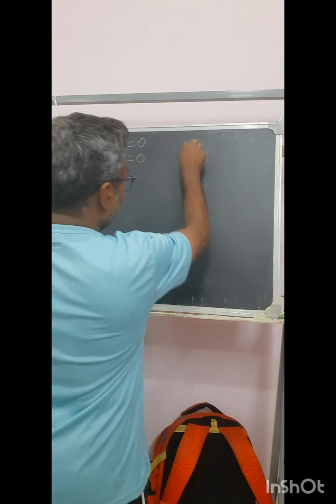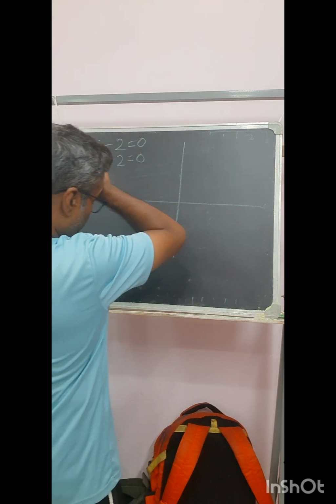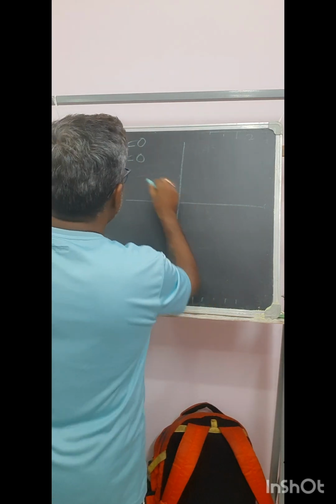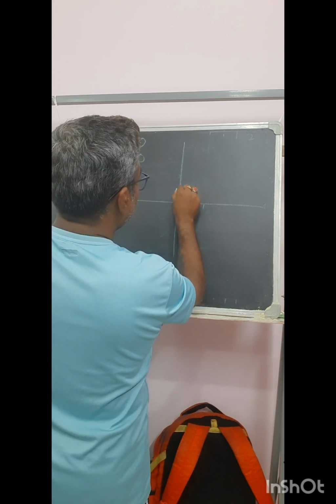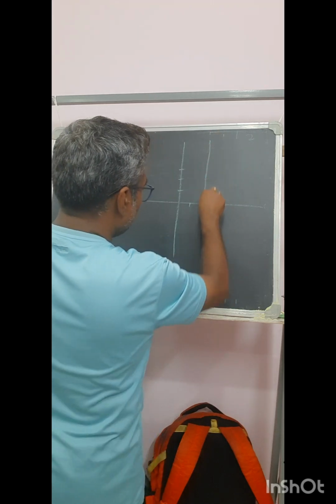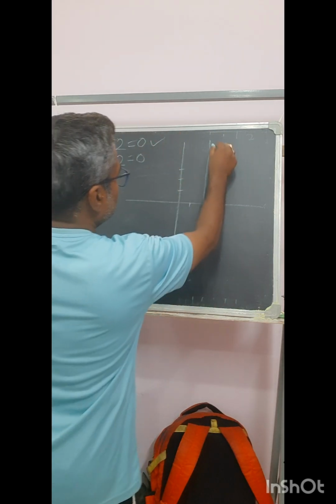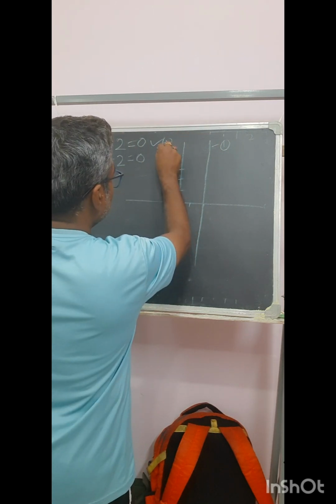If I plot it, in this case it is very easy because the y value could be anything, as I explained, but the x value is 1, 2. If I take 1, 2, 3, this will be a line parallel to the y axis. This first one is equation 1. For equation 2, this is 2.